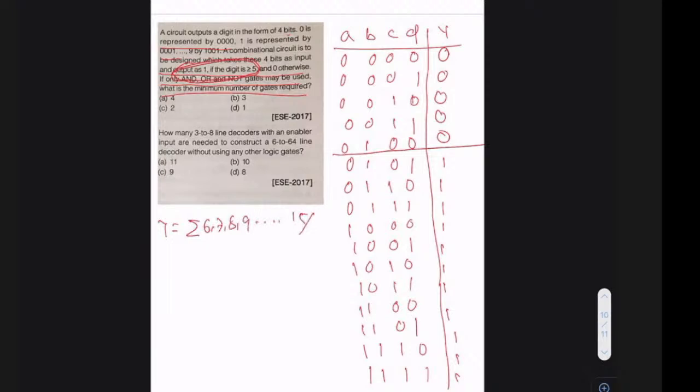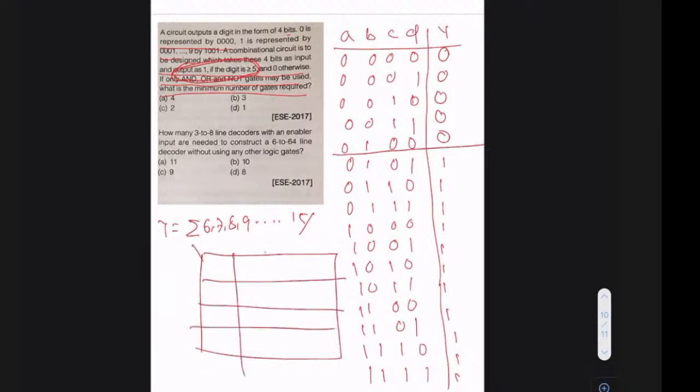So this is what the output is. So how many gates are needed if AND or NOT gates are necessary? For that, first I would like to get the simplified expression and then we'll decide. So I'm going with a 4-variable map because it's a 4-variable case. Then these are all 1.